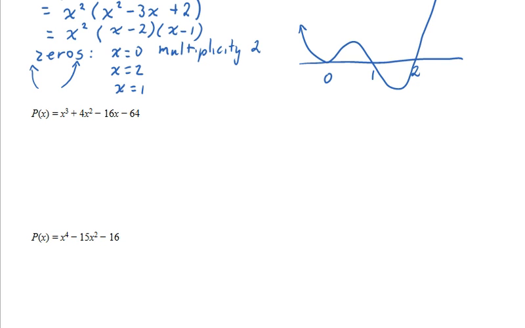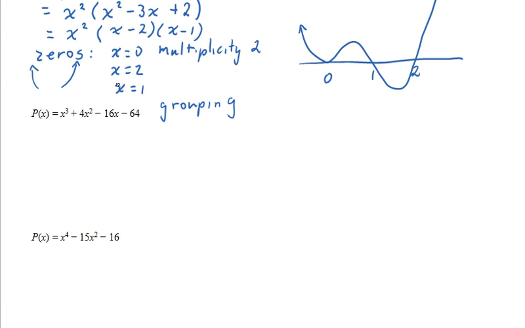The third example has 4 terms, x cubed plus 4x squared minus 16x minus 24. And we're going to graph this using factoring by grouping. You may want to review that.